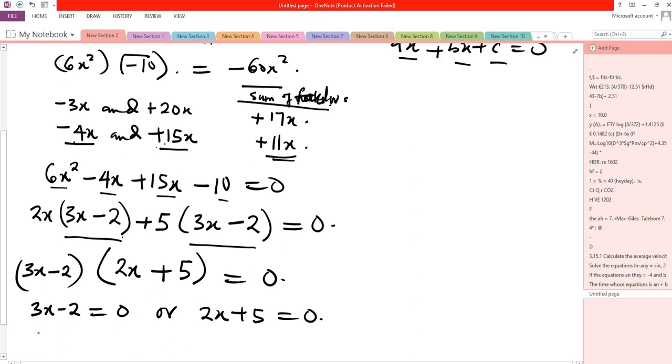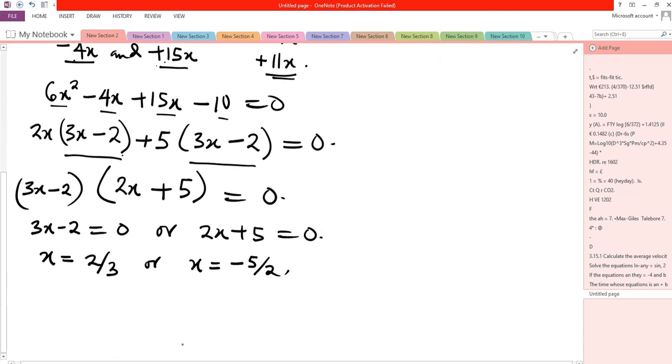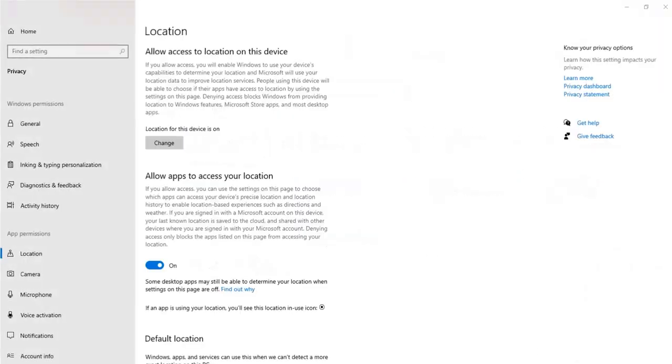So the answer is x is equal to 2 over 3, or x is equal to minus 5 over 2. This is the answer to this equation. So let's end it here.